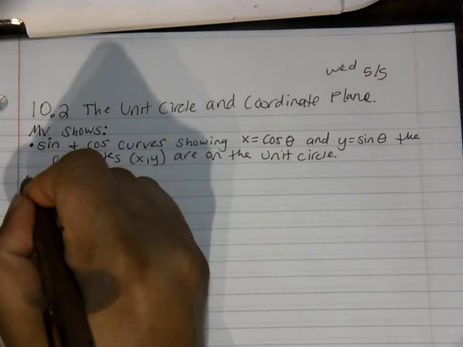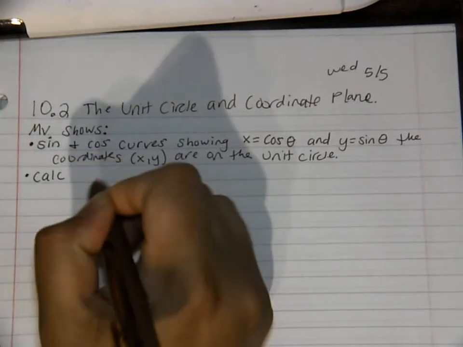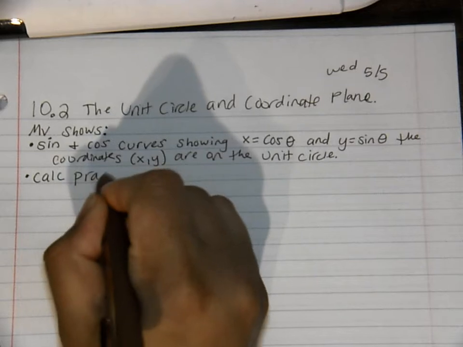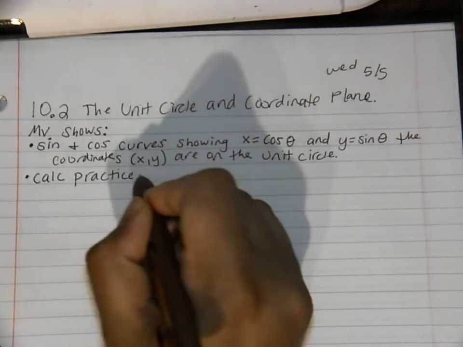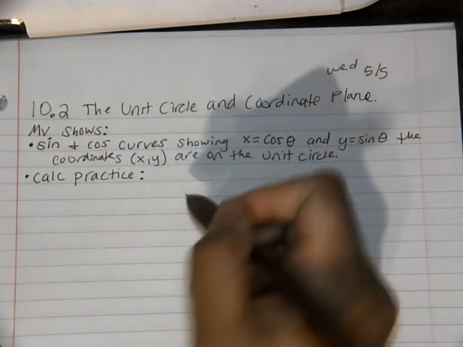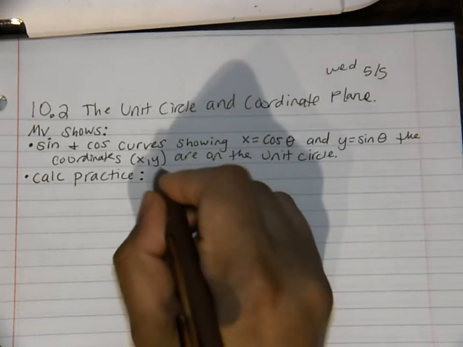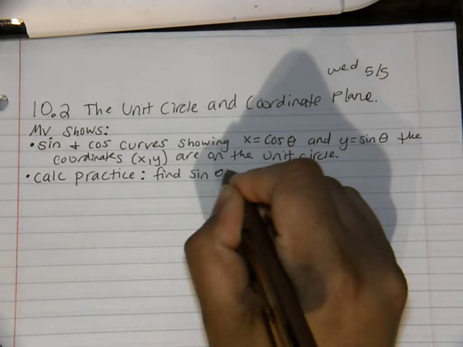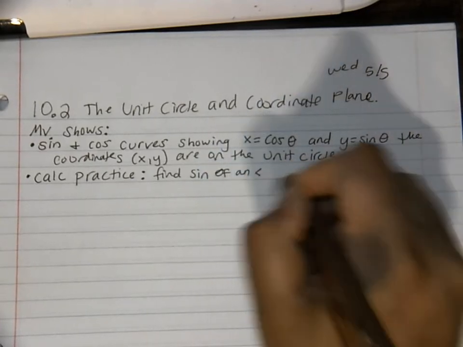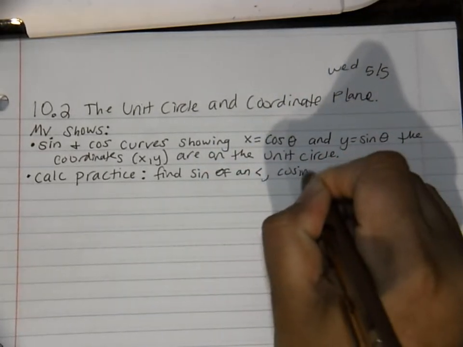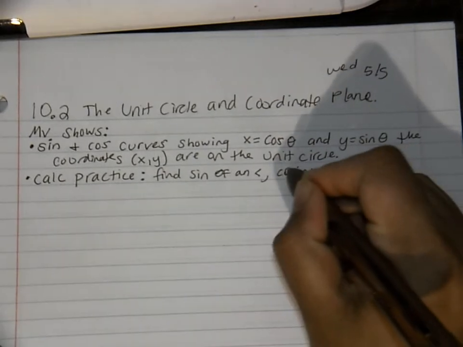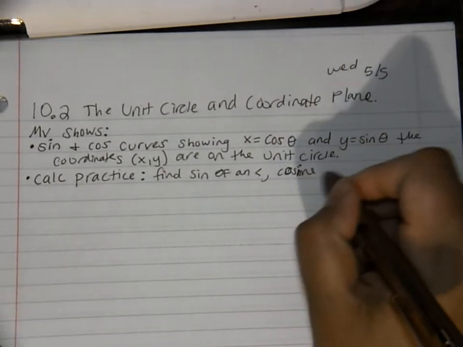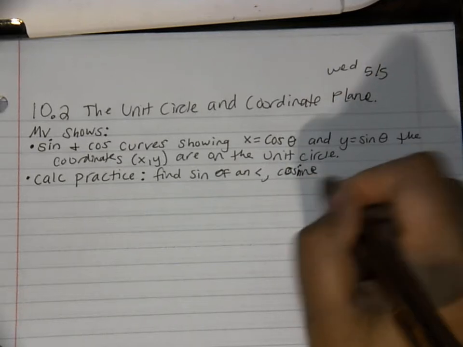The other thing that Michigan Virtual practices quite a bit, and this is a good idea to practice, is some calculator practice of how to find sine of an angle, or cosine of an angle. And again, it'll talk more about what cosine and sine are, and I'll give you more of an idea in just a minute too.